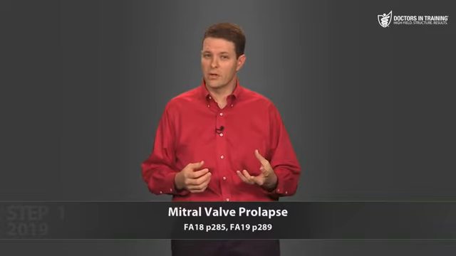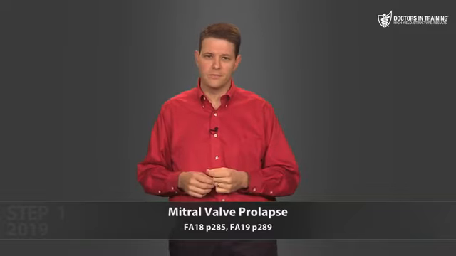If you have the patient Valsalva, that makes the mid-systolic click happen earlier, and it makes the murmur start slightly earlier. But like most murmurs, the murmur gets slightly softer with Valsalva. So it starts earlier, but it's softer.